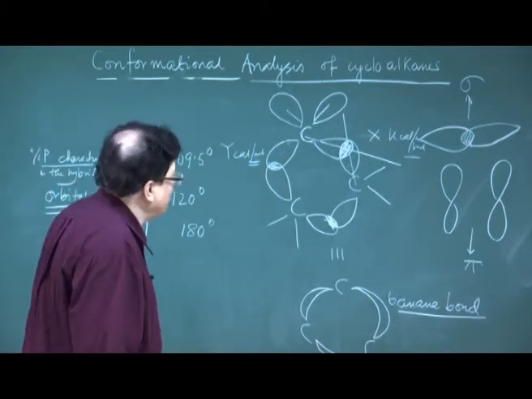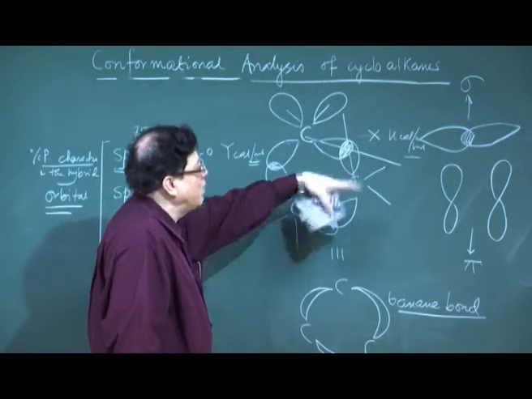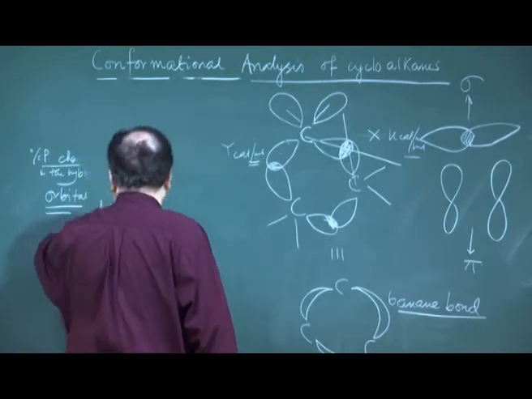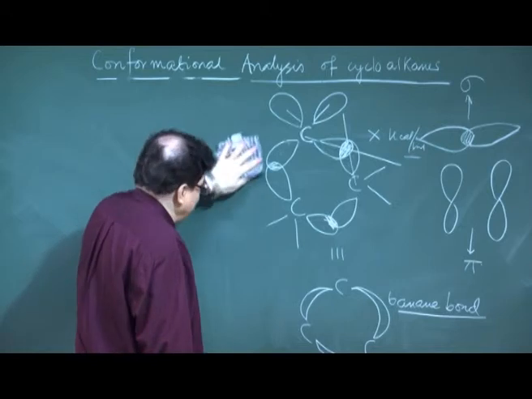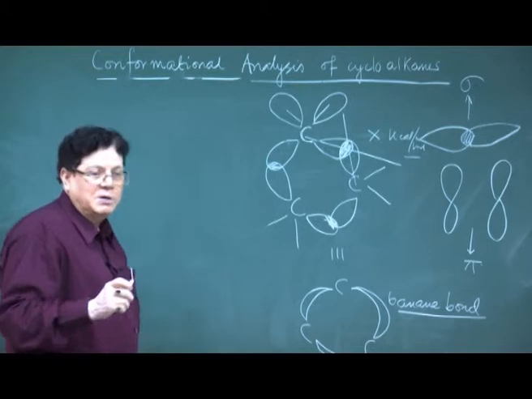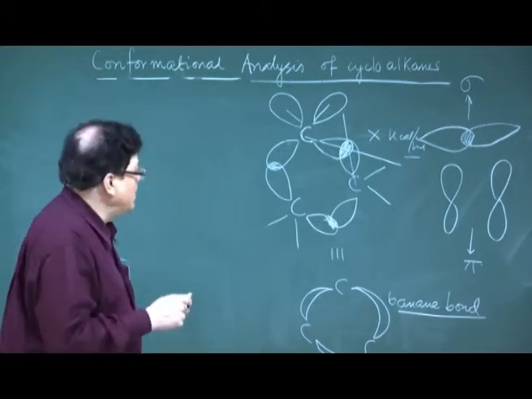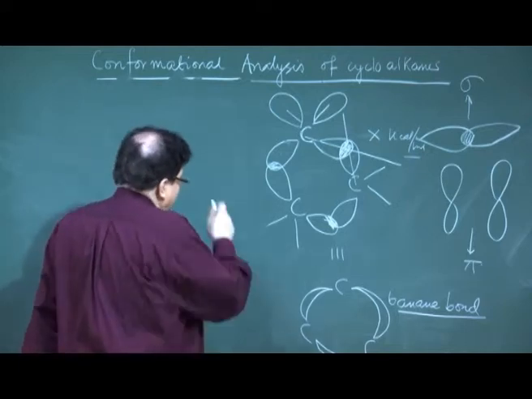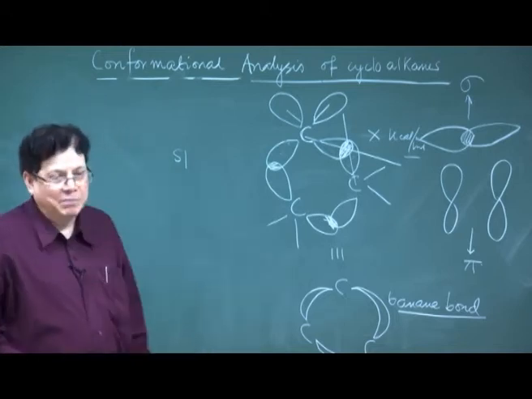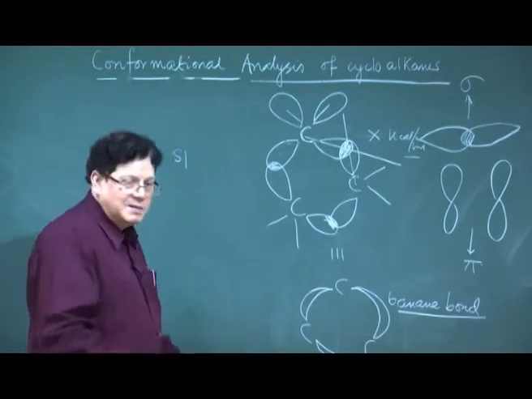Now, in case of cyclopropane, once they found that this bond is a little bit more stable than what is coming out of calculation, they revised this hybridization concept a little bit. What people are saying is that as the percentage of p character goes up, the angle decreases. So, if the percentage of p character goes above 75%, then the angle will further decrease.